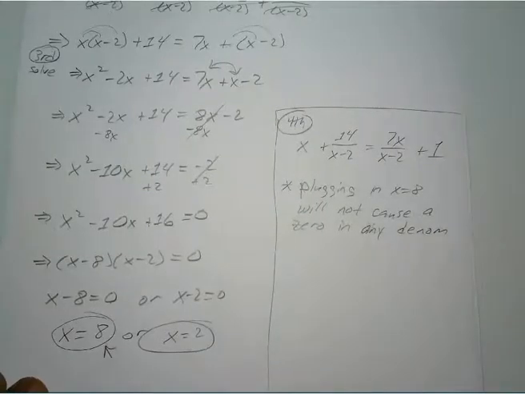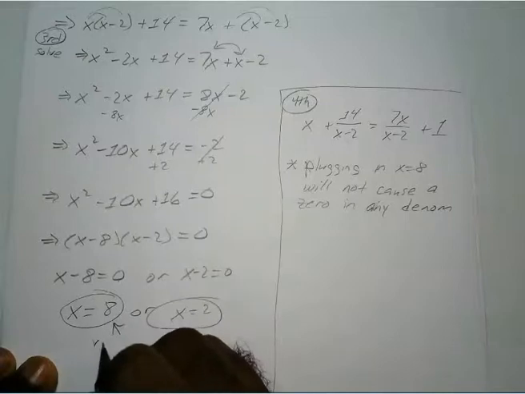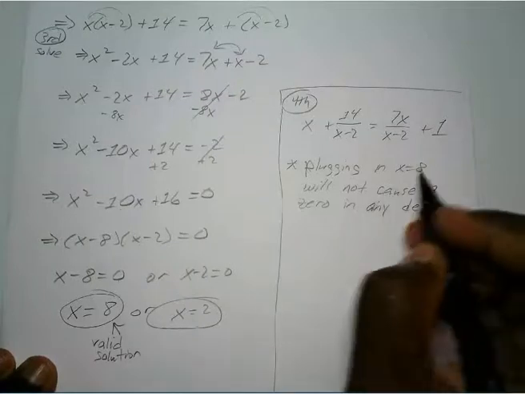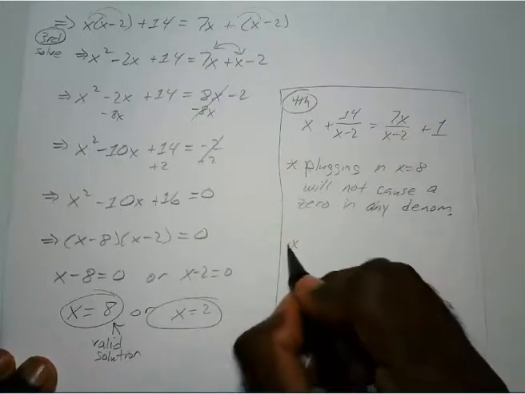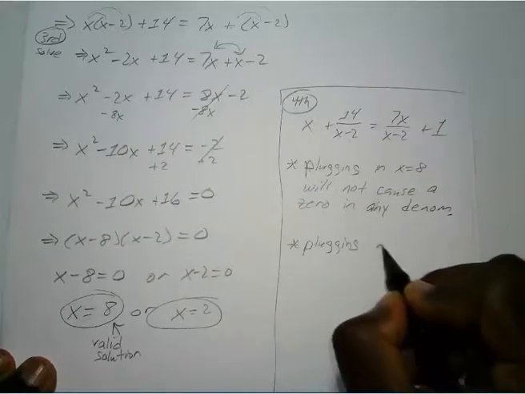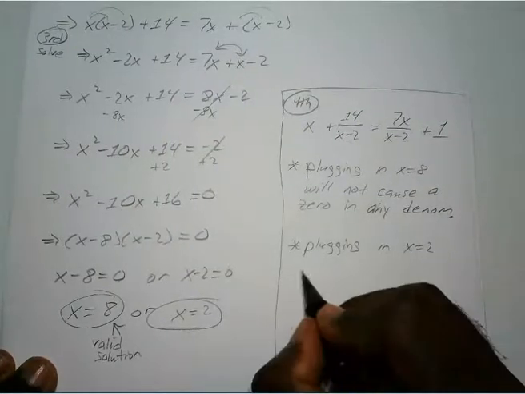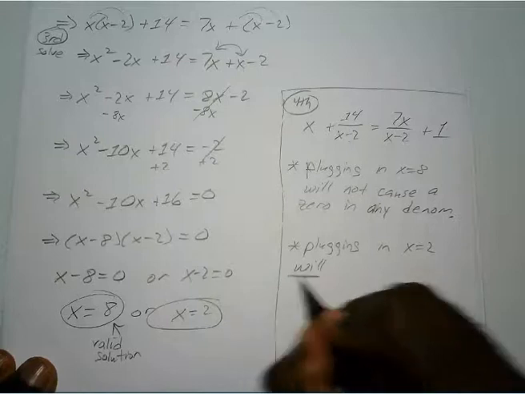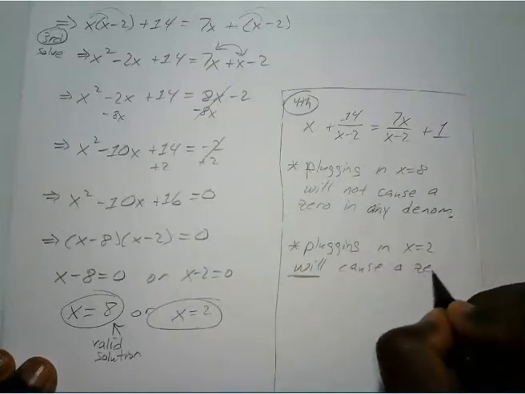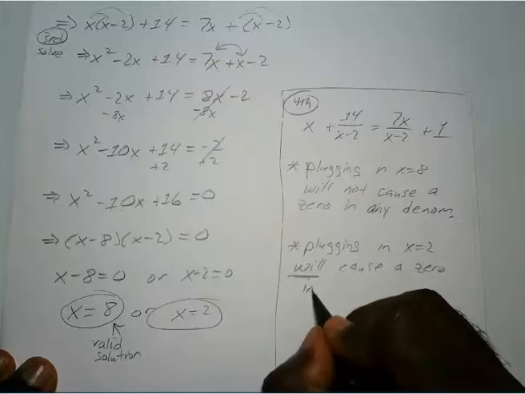So that means x equals 8 is a valid solution. But we see that plugging in x equals 2 will cause a 0 in a denominator.